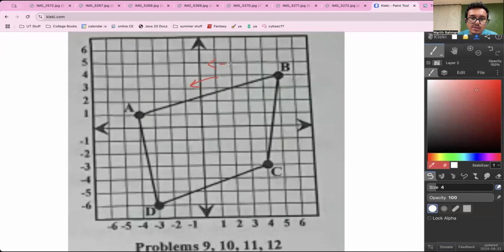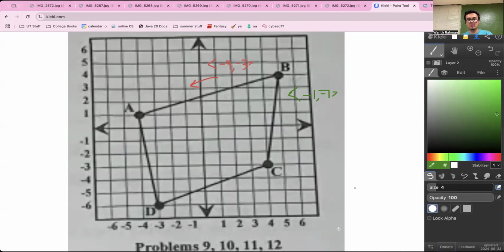So our vector here is negative 9, comma, negative 3. Then from B to C, our vector, oh my God, I should pick a darker color. Our vector is negative 1, comma, how far does this go down? Negative 7. Okay. So now we're going to take the dot product of these two vectors.